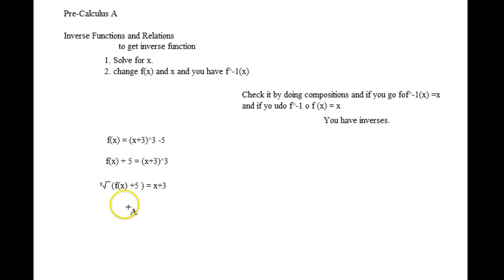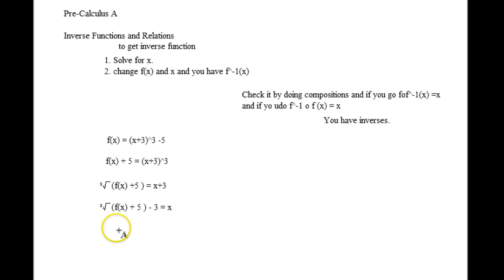So you do that, and then you go down here, cube root of f of x plus 5 minus 3 equals x.